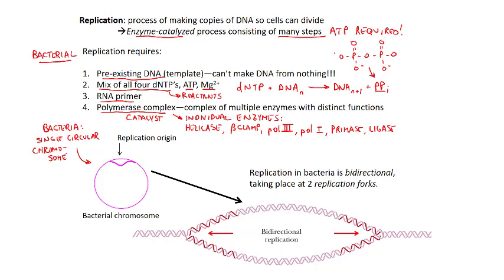So our DNA replication has to start at a site on the genome called a replication origin. The replication origin is just a sequence of DNA where the polymerase complex initially binds.